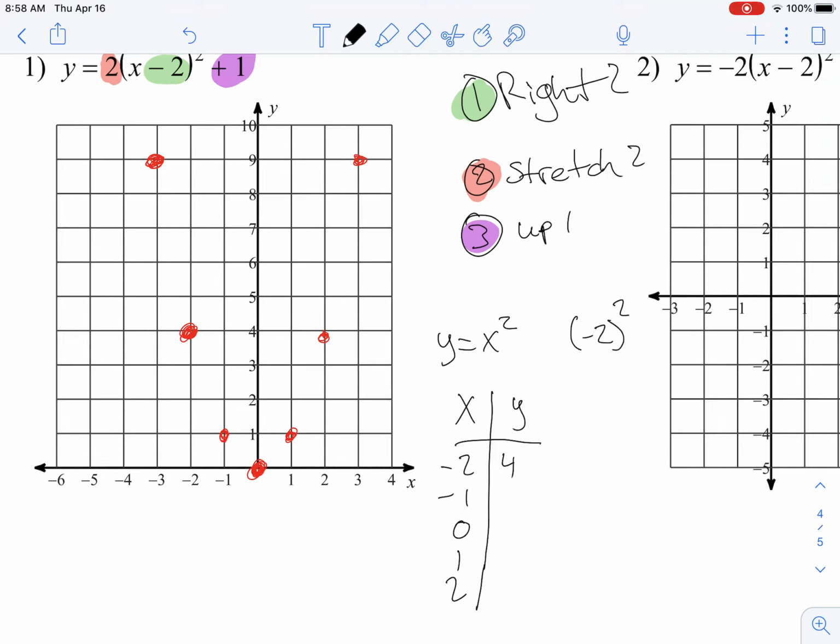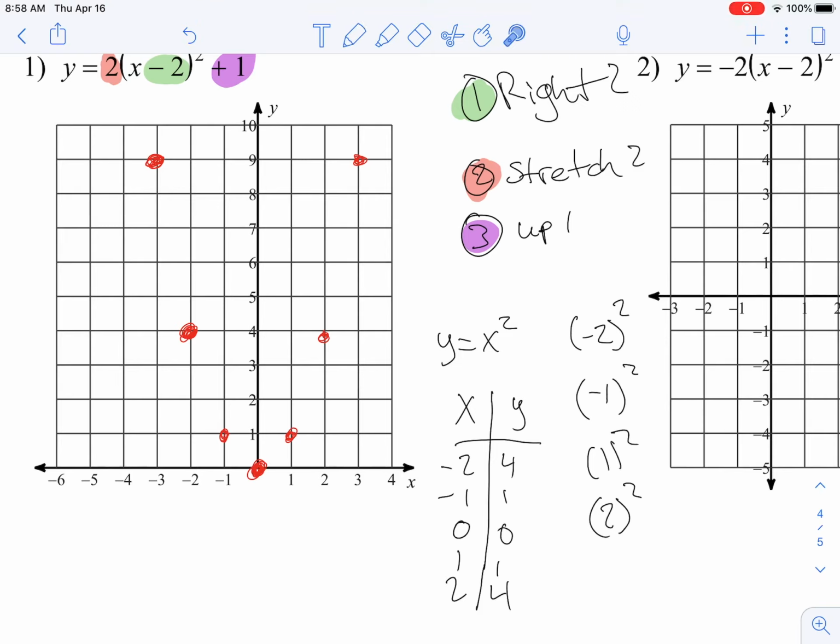If I were to plug in a -1 to x, that would mean -1 squared, and that would give us a +1. If I plugged in a 0 for x, 0 squared is 0. If I plugged in a +1 squared, it's going to give us a +1. And if I plugged in a +2 squared, it's going to give us a +4.